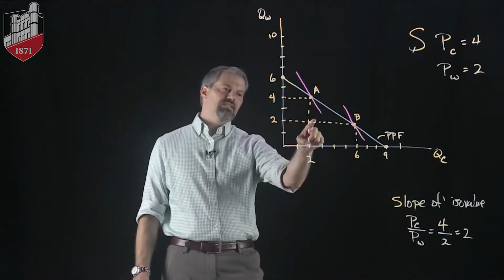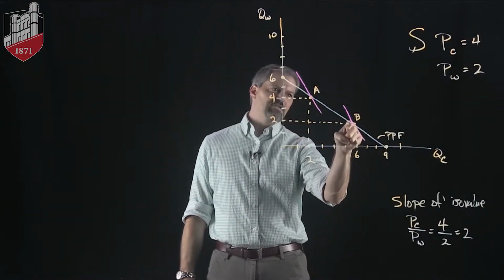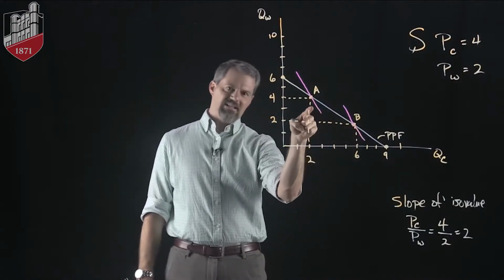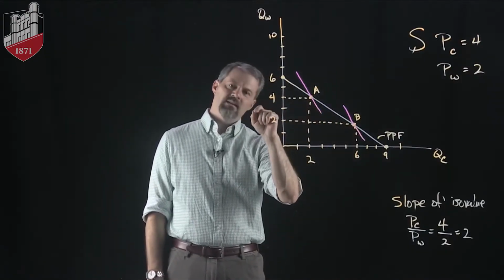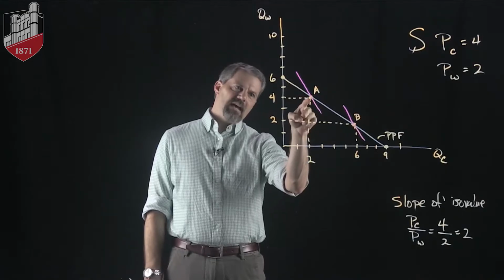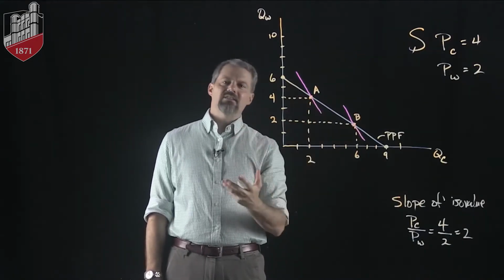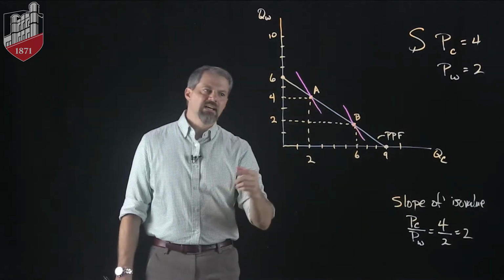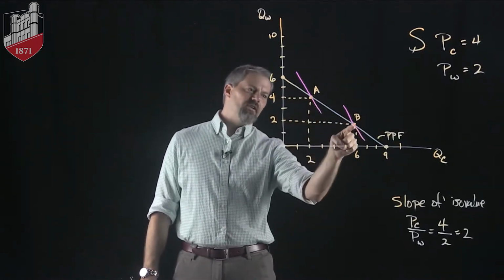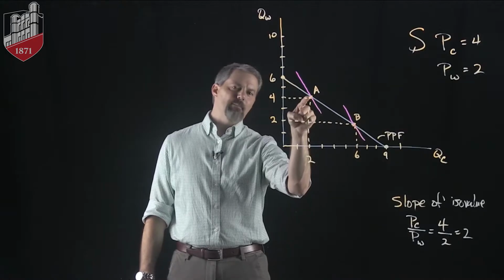And what we see is that this ISO value line is farther away from the origin than this ISO value line, meaning that if this country has a choice between A and B, and it wants to maximize the value of what it's selling, they would rather produce and sell this bundle than that bundle.